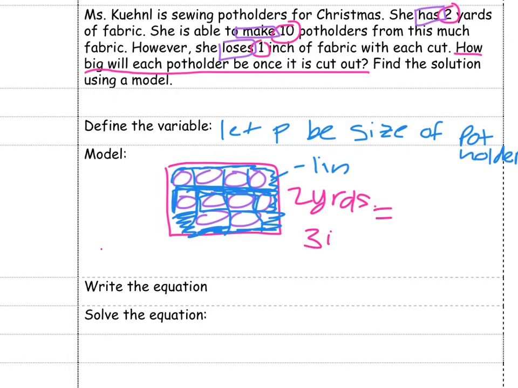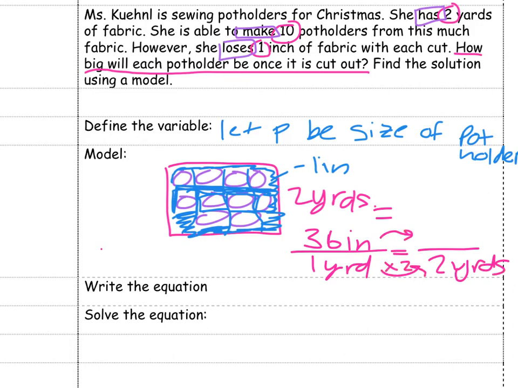So 36 inches in 1 yard. And we know how to figure this out. So if we want to find 2 yards, 1 times 2, so 36 times 2 is 72 inches.